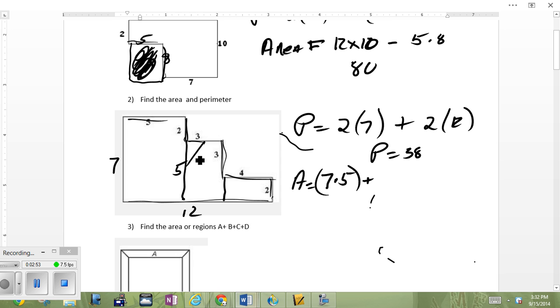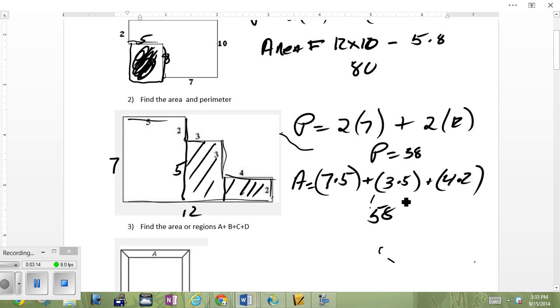So this box here is 3 by 5, plus this box here, which is 4 by 2. Okay, so when you do all that and take care of everything, you'll find the area is equal to 58 square units.